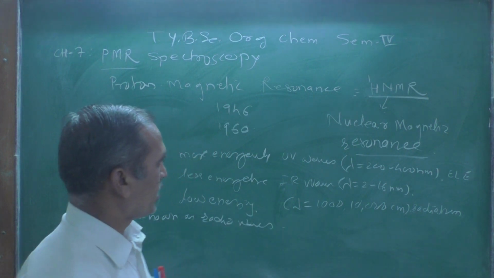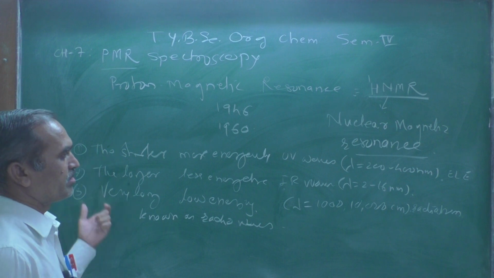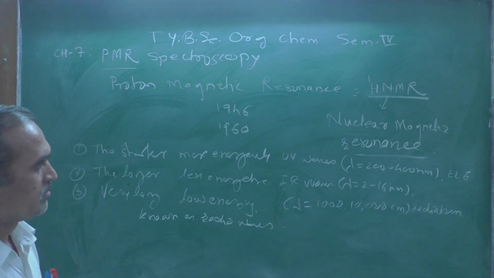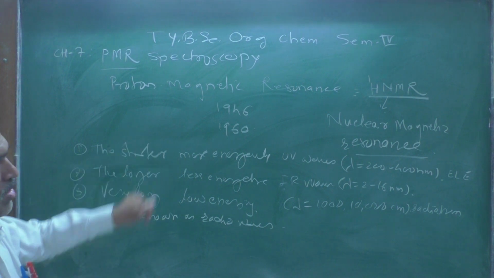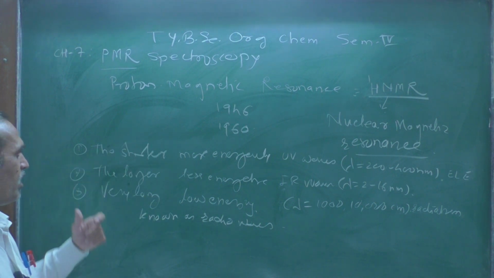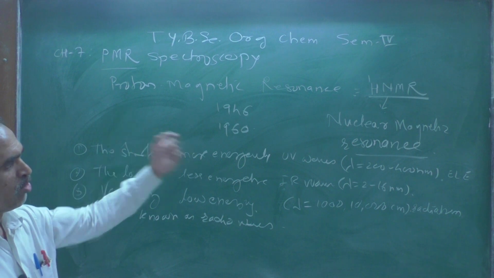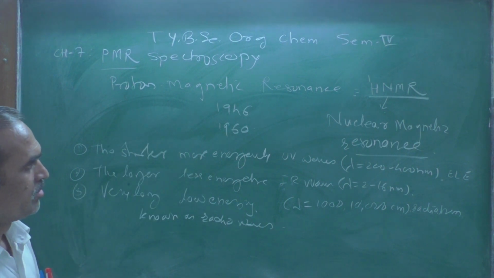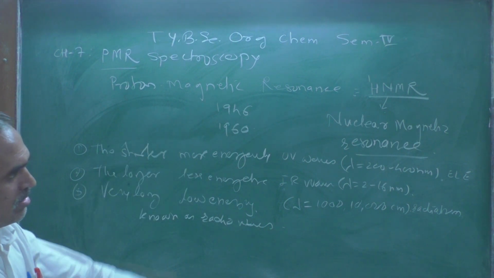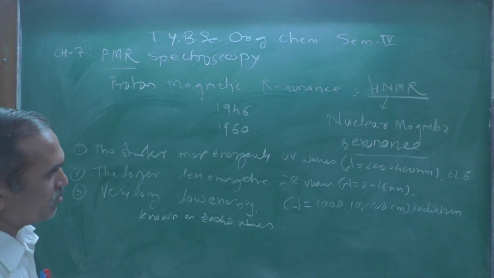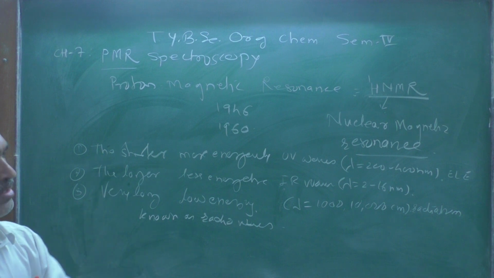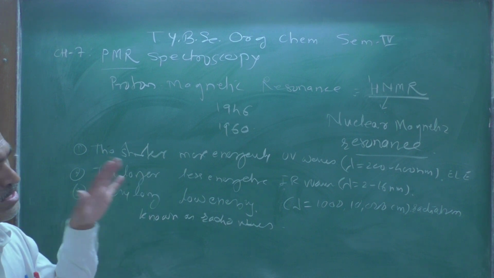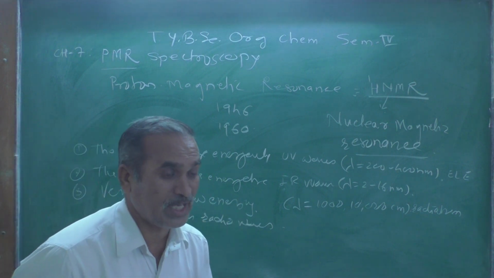So once again, remember, these are the three important points which I have written on the blackboard. Number one, the shorter, more energetic UV waves, the range is given, lambda is equal to 200 to 400 nanometer, affect the energy level of electrons.